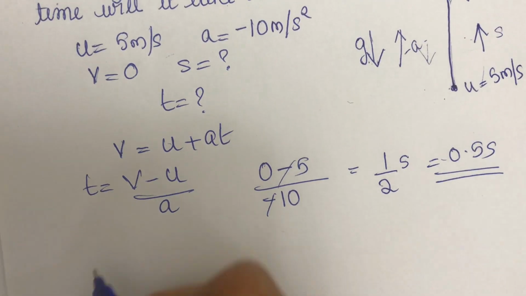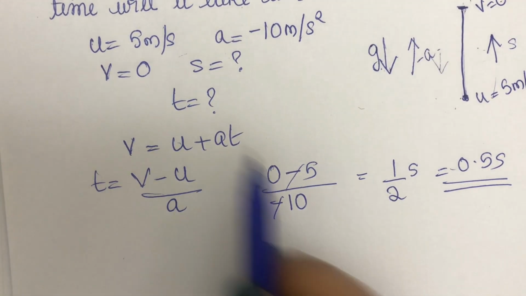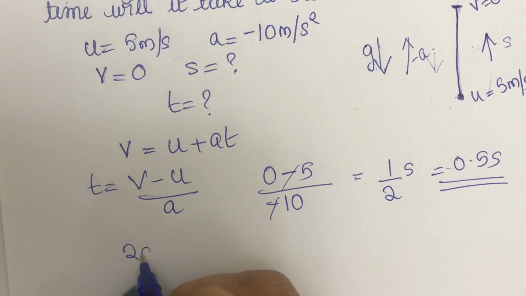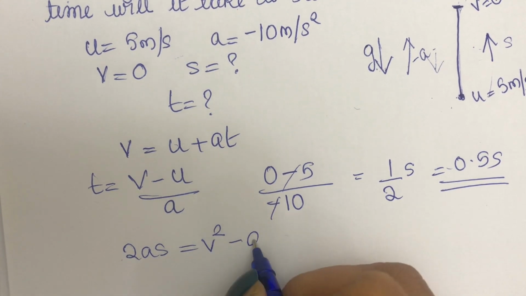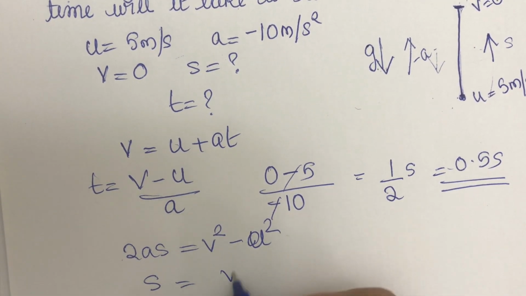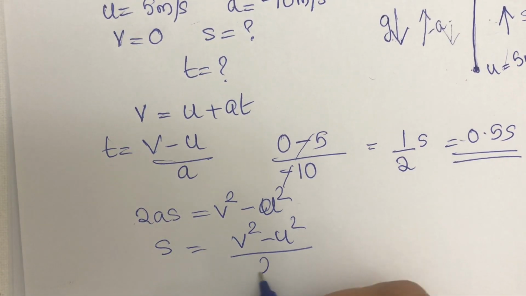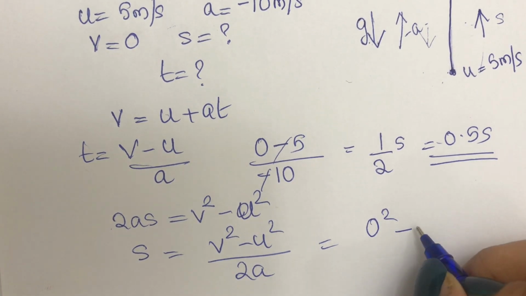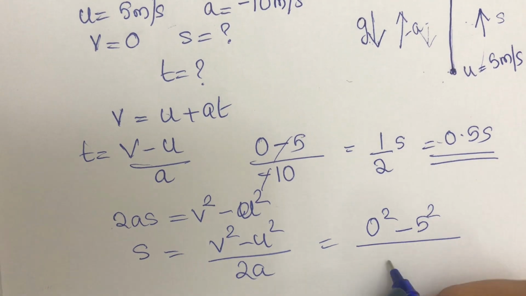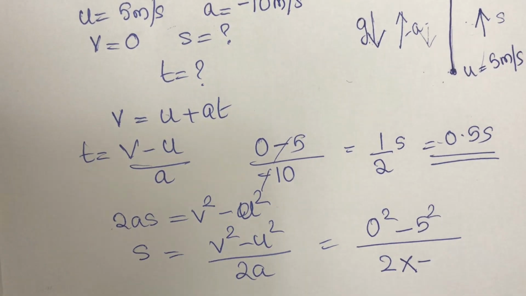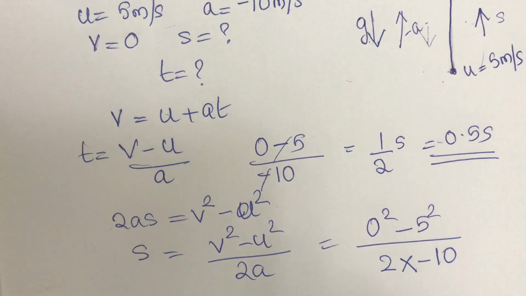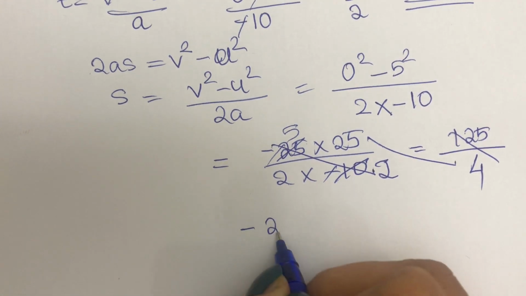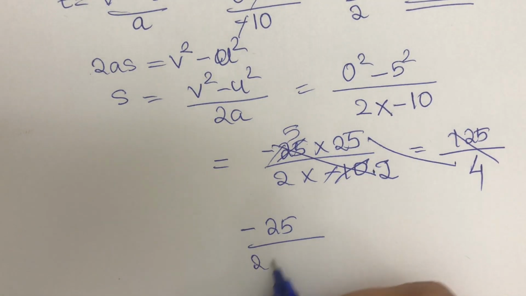Now we have to find s. What is the equation? We have everything: s, v, a, t. According to the third equation of motion, 2as is equal to v square minus u square. So s is v square minus u square by 2a. v square is 0 square minus u square, which is 5 square, divided by 2 into minus 10.